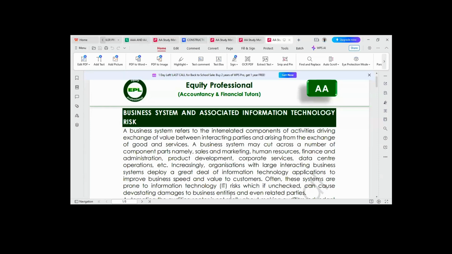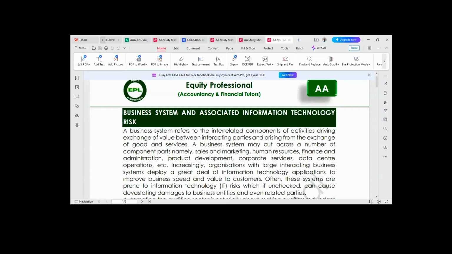The class is supposed to end by 11. So let's continue. Now, this is one aspect that most students do not like to talk about, IT audit. Understandably, it could be very, very boring. Or for some of us, we have not experienced it in real time.